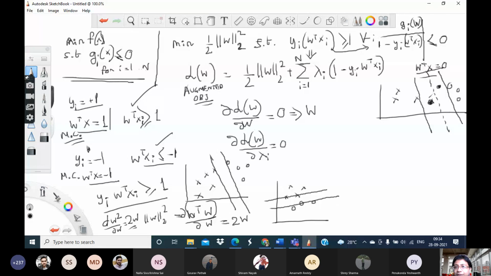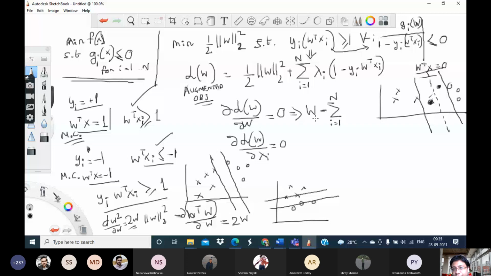Now if I take the derivative of this term with respect to w, the first part, 1 minus, does not contain w, but this does. You can convince yourself that this w is linear, whereas the earlier w was quadratic.